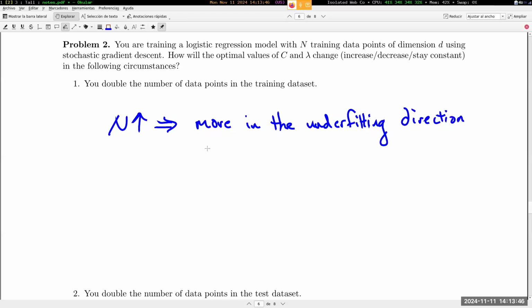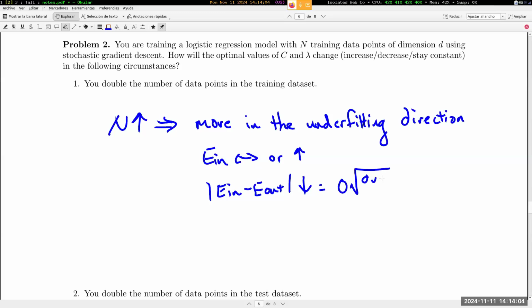That our in-sample error is going to stay the same or increase, but our generalization error, E_in minus E_out, that's going down because that is equal to the O of square root of d_VC over N, and we reduce the denominator here.